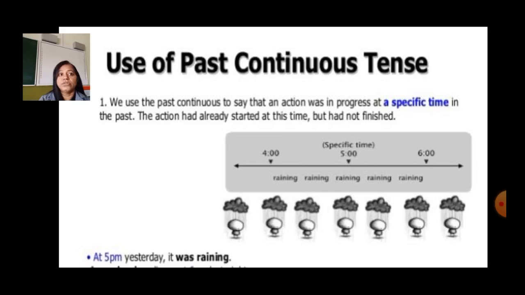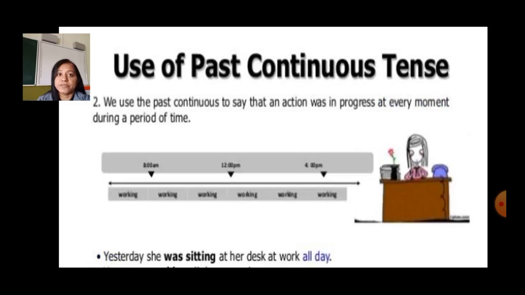Raining. So the progress, or the action, or the continuity, or the process is ongoing at the specific time. That action is known as past continuous tense. We use past continuous tense at that time.